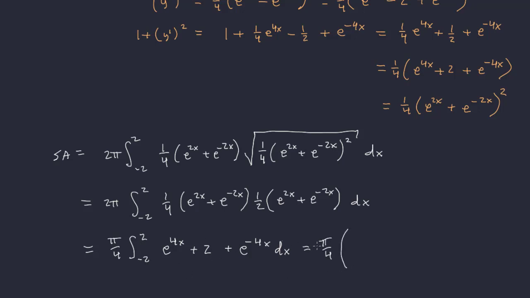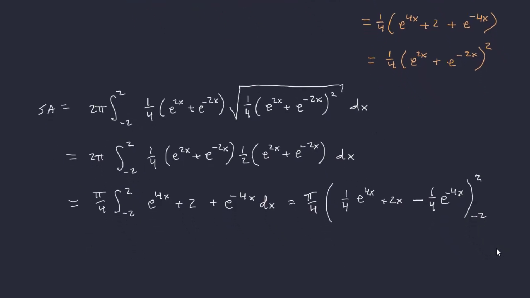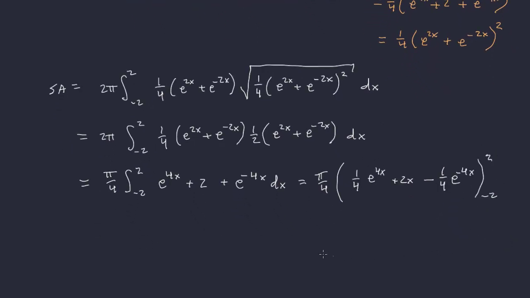And now we integrate. This will be 1/4 e^(4x) plus 2x, minus 1/4 e^(-4x), from -2 to 2. Now we're just going to plug our values in. We're going to get pi over 4.